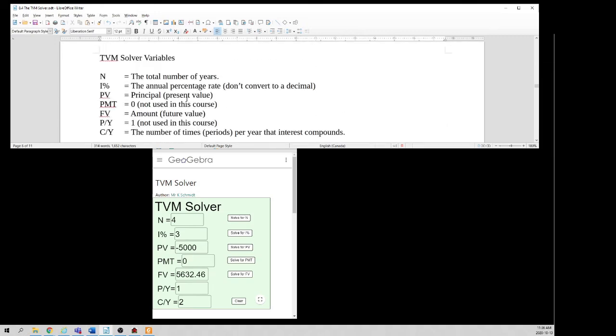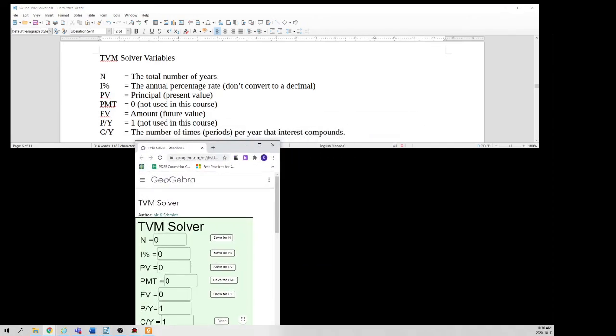Okay, so up to now I've been using the TVM Solver. I haven't really told you what the variables are. Let's take a look closely at what the definition of each variable is. So N stands for the total number of years. I is the annual percentage rate, and you'll notice that I didn't convert it to a decimal when I typed it in. PV is our principal. It actually stands for present value.